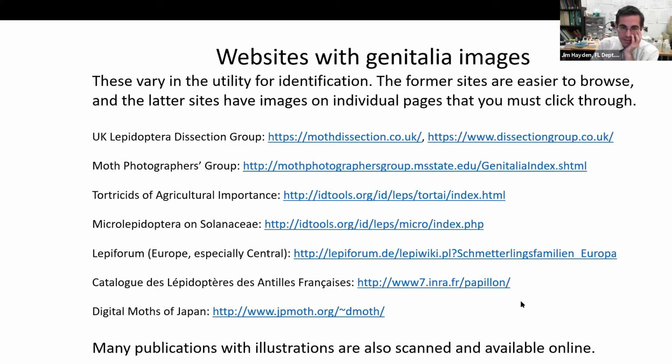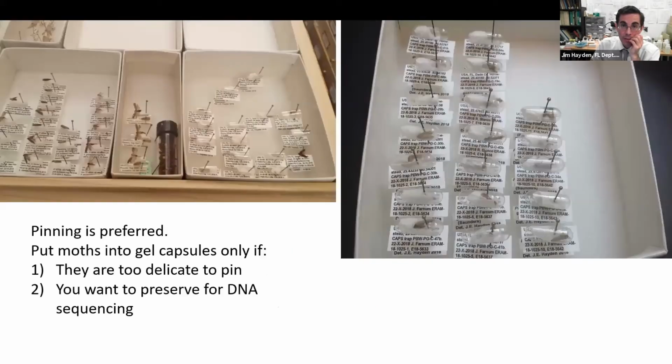That might be kind of golly gee whiz fun, but this is more of a faunistic thing, not agricultural, not regulatory. And of course, don't forget, many publications have been put online through the Biodiversity Heritage Library, or just scans of this and that. So if you're looking for a scan, just Google it, and you'll more likely than not find that the publication is online.